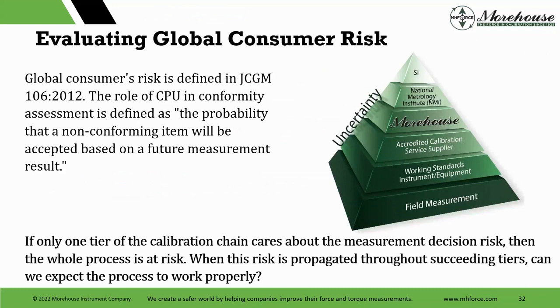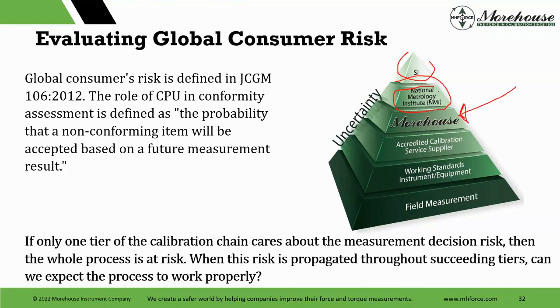Why is this all important? If we want to put it together, global consumer's risk, JCGM 106, the role of PFA in conformity assessment, is defined as the probability that a non-conforming item will be accepted based on a future measurement result. So we start at SI, go to NMIs. NMIs are good. But what about this company here? That's us.